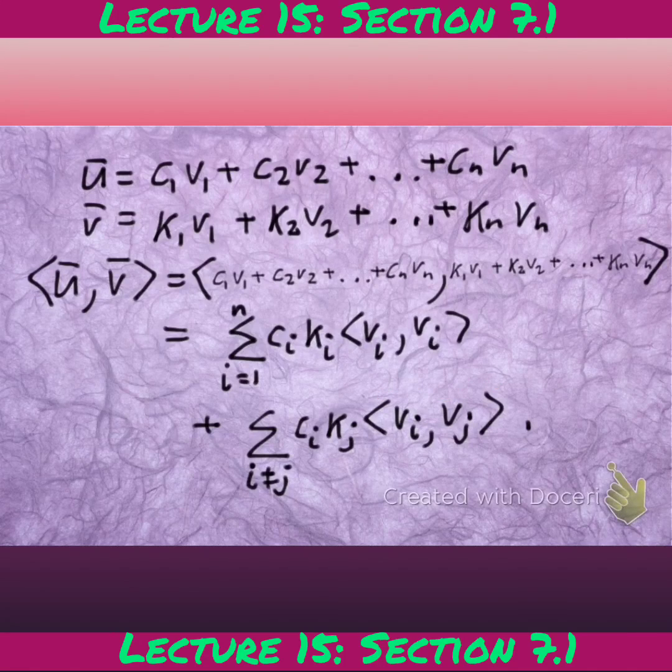And what else is going to happen? This is going to be the sum where i goes from 1 up until n, of ci ki, times the norm of vi squared.